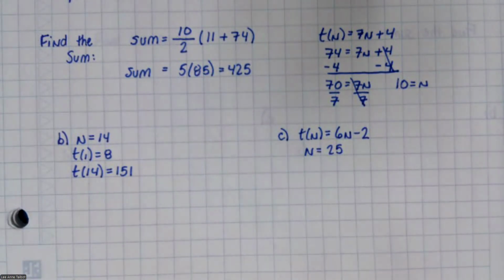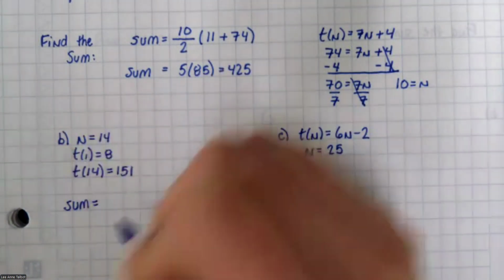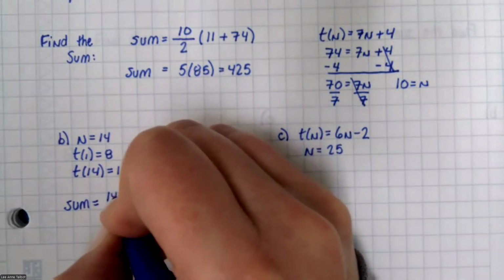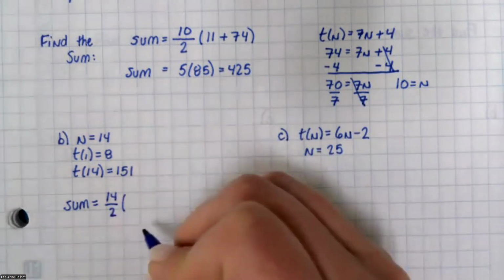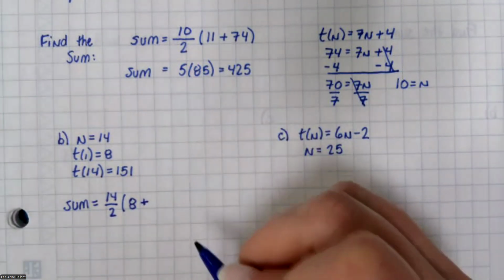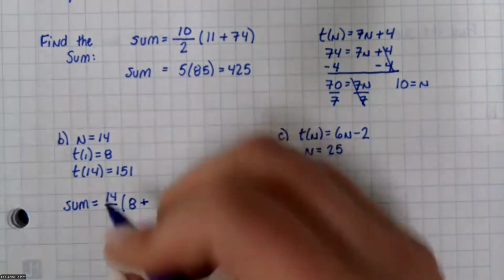Okay, so I've given you some other scenarios here. These are both going to be very quick. We're just finding the sum only. So I want you to tell me what to plug in. Sum equals, what goes first? 14 over 2, times (8 plus 151).